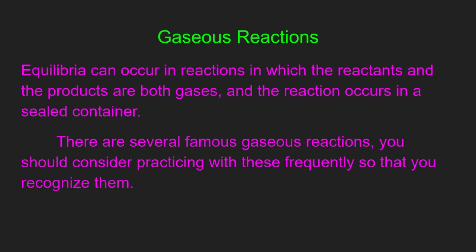Now, if that reaction occurs and all of your reactants and products are gases, then there are some things that will impact it other than factors like temperature and how much you have. That is also that pressure will affect it.